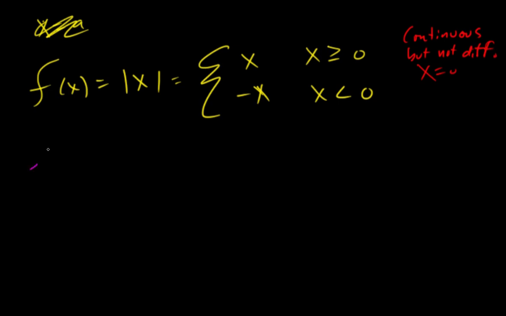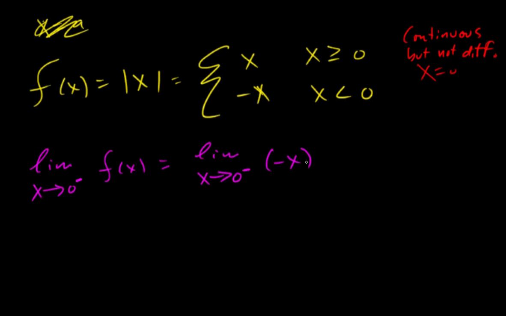So if we look at the limit as x approaches 0 from the negative side of f of x, that's the same thing as the limit as x approaches 0 from the negative side of negative x. And basically, if we just plug in 0 to that, we get a 0.